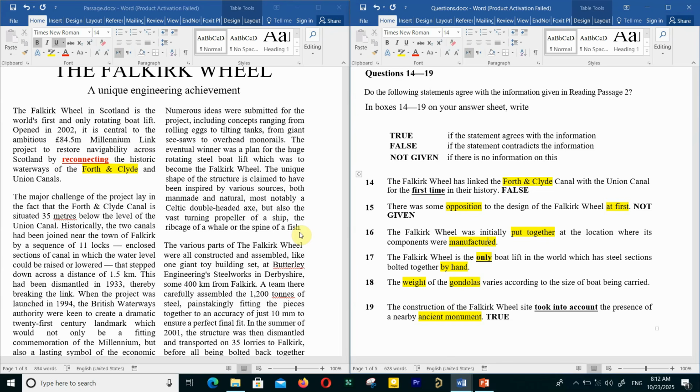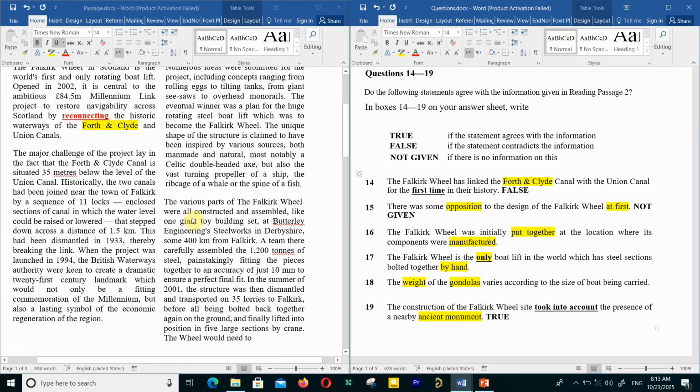The various parts of the Falkirk Wheel were all constructed and assembled. So here we have: the Falkirk Wheel was initially put together at the location where its components were manufactured.